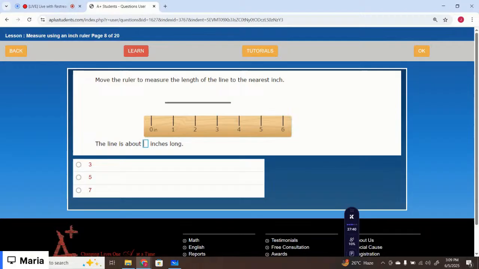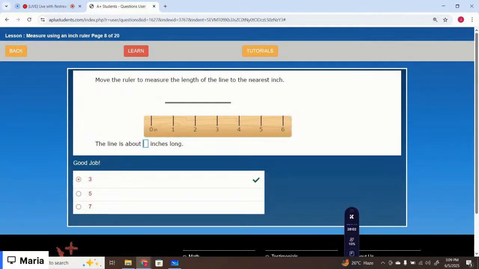Move the ruler to measure the length of the line to the nearest inch. That is 3 inches long. Option number one is the correct option.